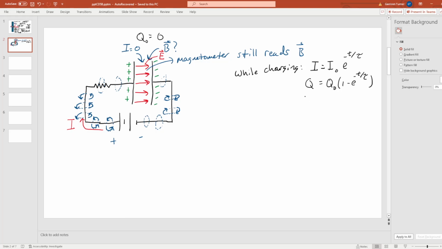The voltage across the capacitor is going to grow with the charge. Okay? And remember that your potential and your electric field are related. Remember that your electric field is the gradient of your potential.